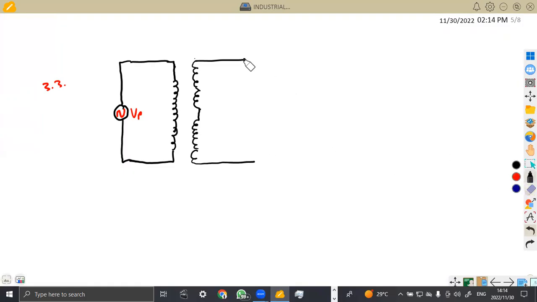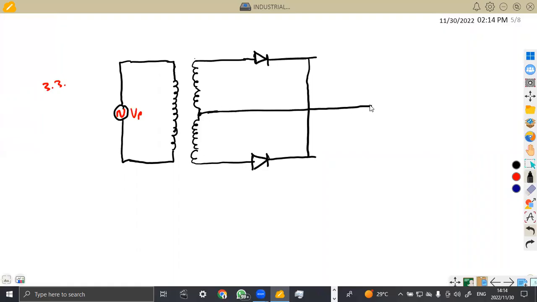So the first diode and the second diode. Here I'm going to put the first diode, the second diode here. Then connect these, just something like this. The center tap is supposed to be taken from the center here. That is why it is called a center tap. It's taken from the center of our transformer on the secondary side.